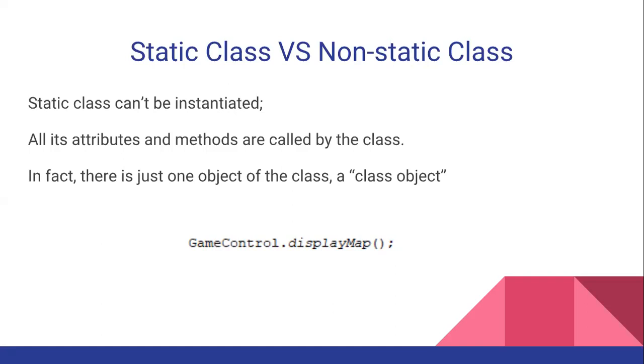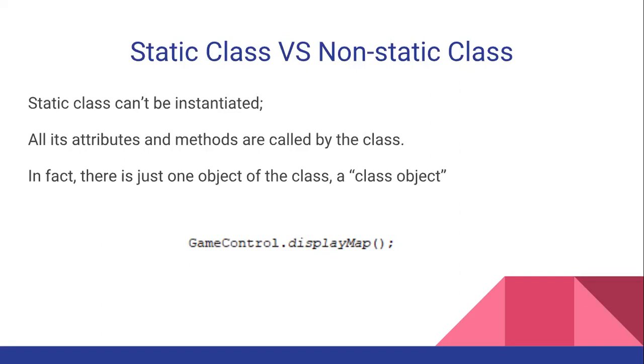So here in this example, in the code, I have the GameControl class, which is a static class in my game, and it calls the DisplayMap method. DisplayMap is a static method of the static class GameControl. GameControl is written with a capital letter, so it is the class and not an object.